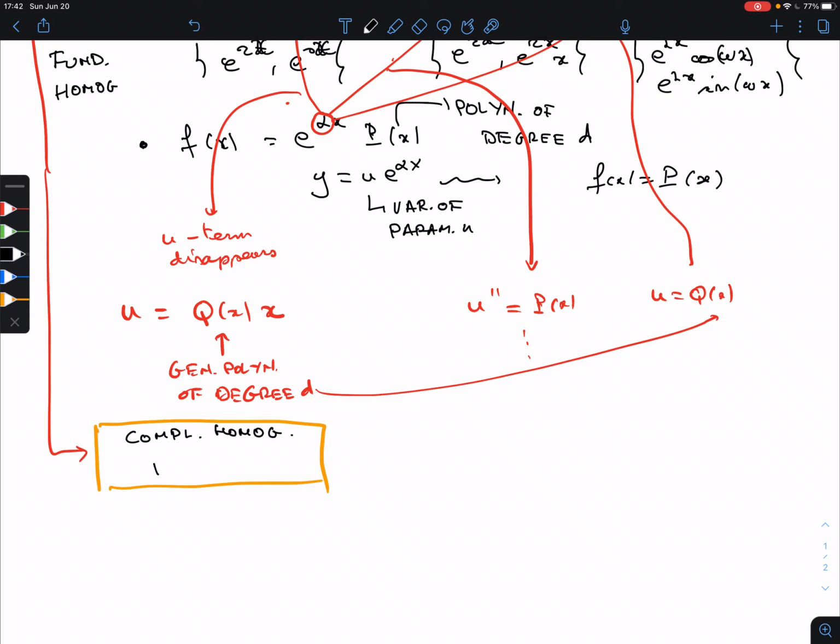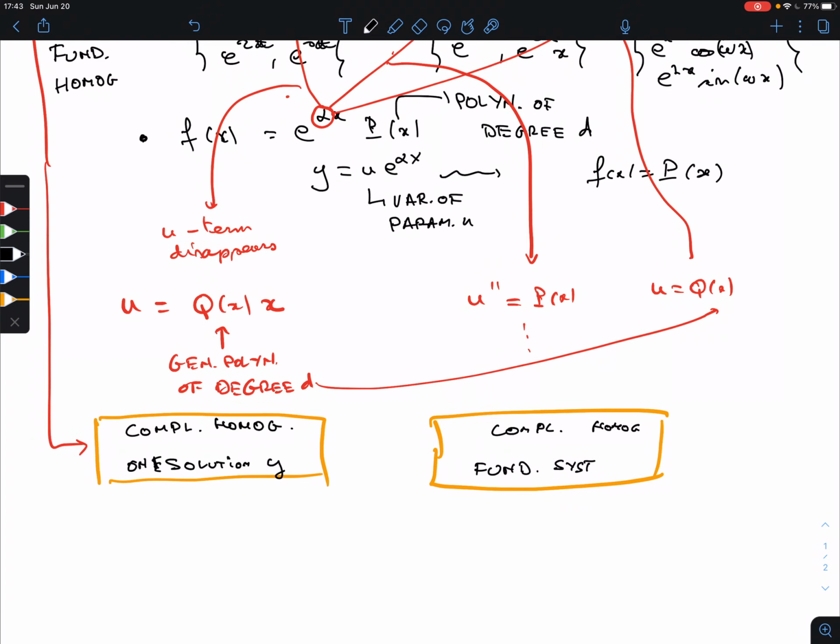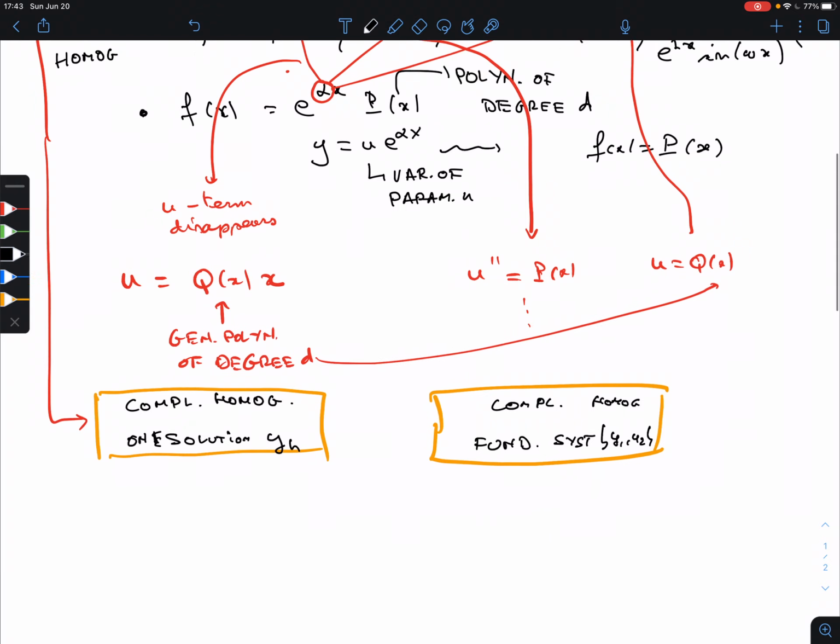So we know one solution, or the other possibility is we have a fundamental system of solutions. So there's one solution, let's call that y_h, and here let's call them y1 and y2. So you do different things.